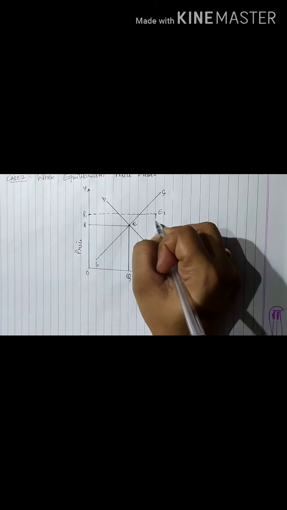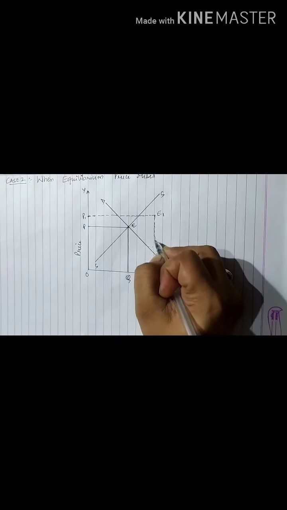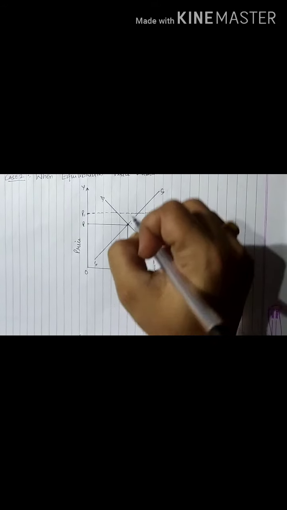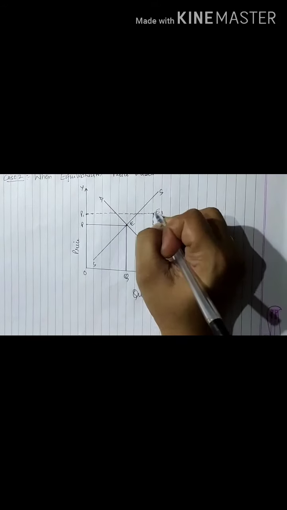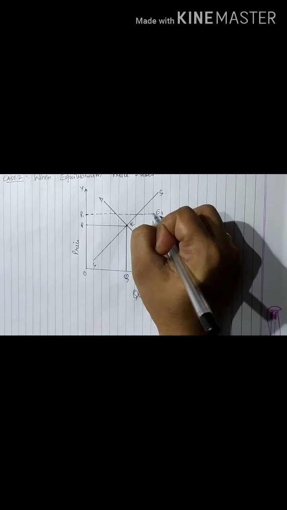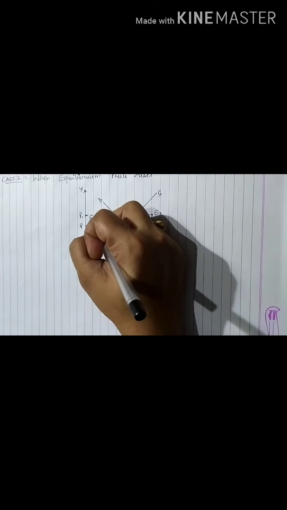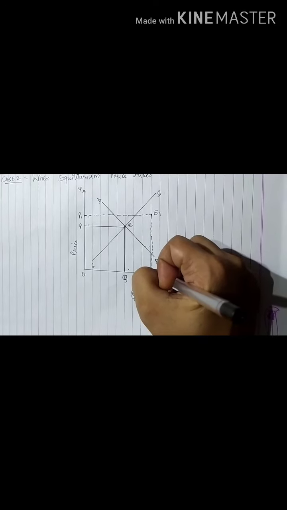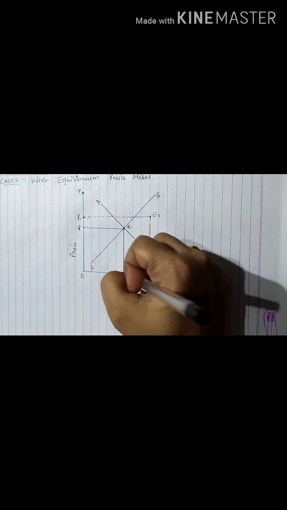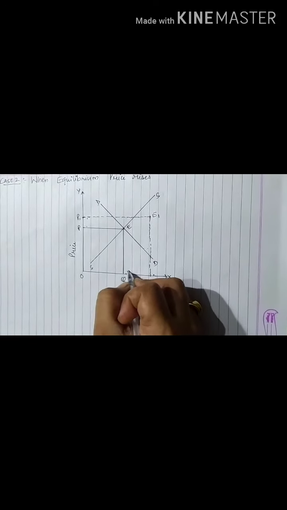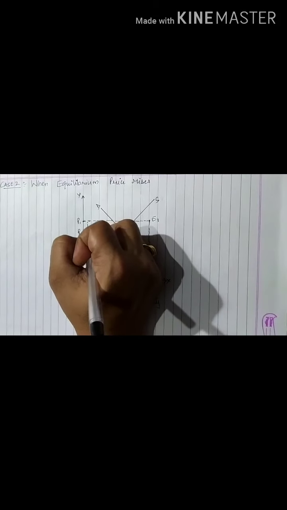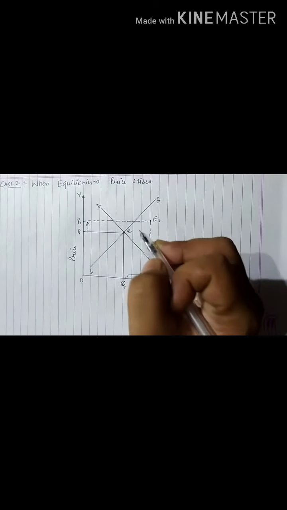Fine. Now I'll check again by plotting all the dots together. Let's check what situation will arise. You will see that when I have raised my equilibrium price with a bit of increase in price, the quantity has increased a lot. That means the ratio of increase of quantity is more compared to the rise in price.